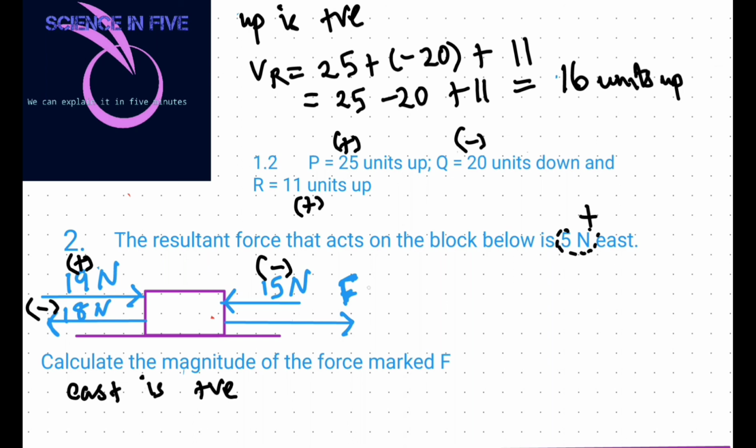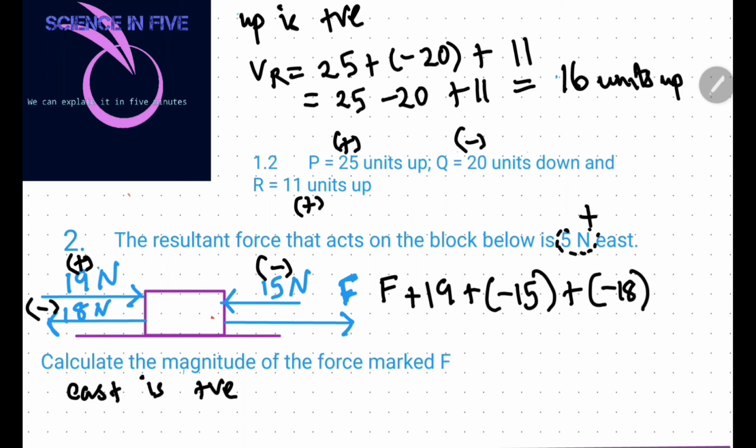So if I add F plus 19 plus negative 15, it's a negative force going in the negative direction, plus negative 18, it's a negative force going in the negative direction, is giving me a positive 5. We know that when you're adding negative numbers, it's the same as subtracting. So F plus 19 minus 15 minus 18 is equal to 5.